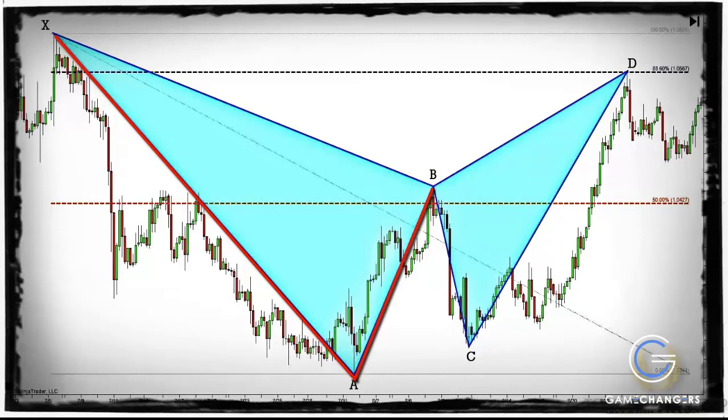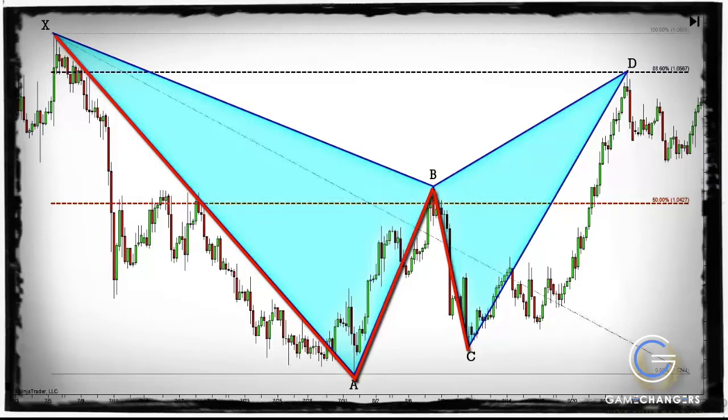Once our AB leg is complete, we can now look for a valid C leg. The market creates a valid C leg by completing a minimum of a 382 Fibonacci retracement taken from the A to B leg. This leg is still considered valid if it pushes down to the 50%, the 618, the 786, the 886, and even as deep as the A leg.